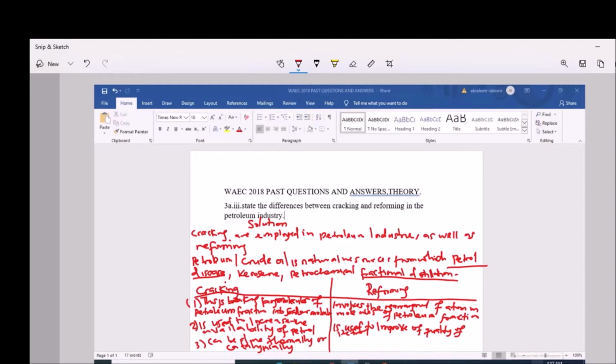But reforming occurs in the presence of a catalyst. So we only use a catalyst for reforming, while we can carry out cracking either thermally or catalytically. So this is the answer to question number 3A, Roman figure 3.